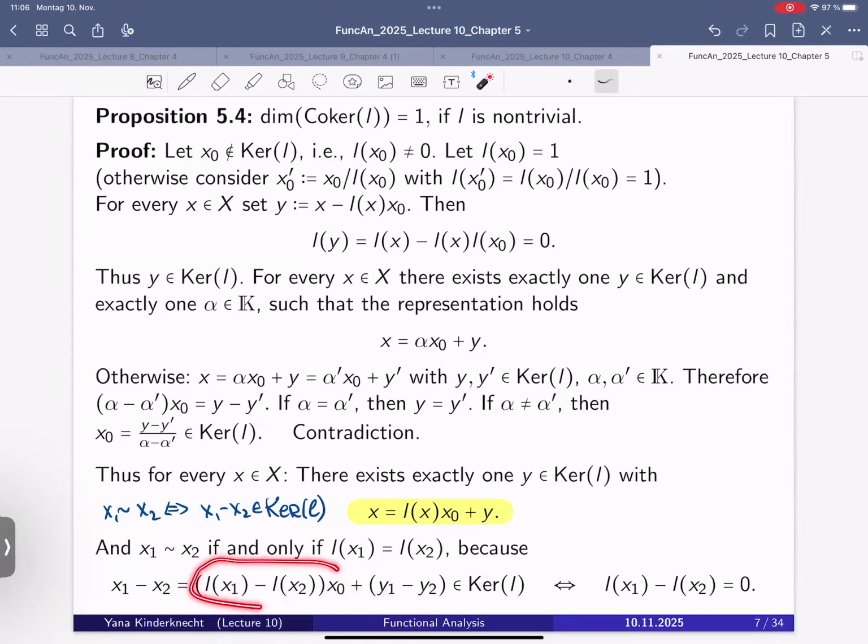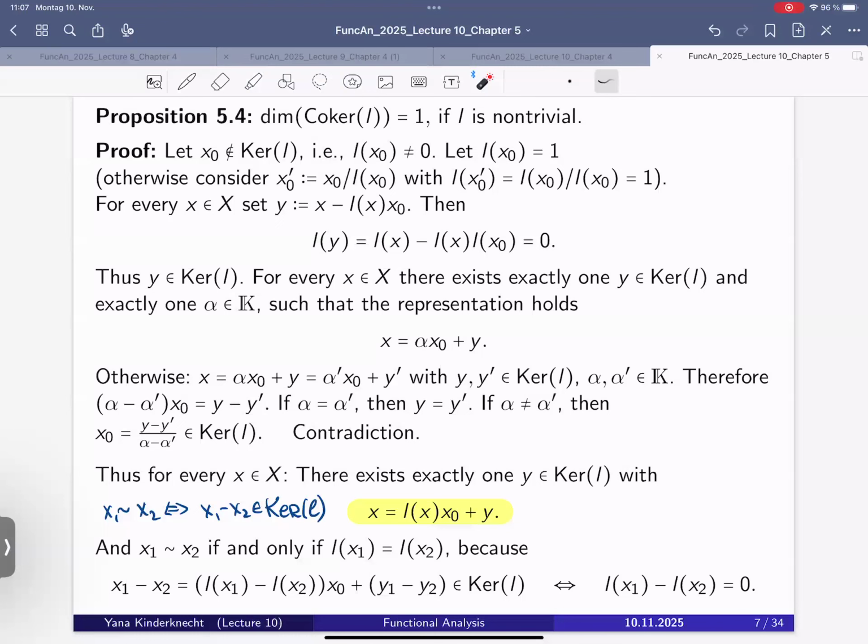But this may happen if and only if this guy is 0. So this is an explanation of how this factorization over the kernel, so the equivalence, is actually this type of equivalence. And the last equality is, of course, L of x1 minus x2 equals 0.